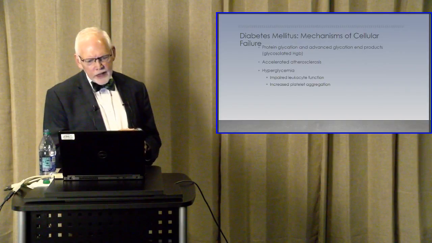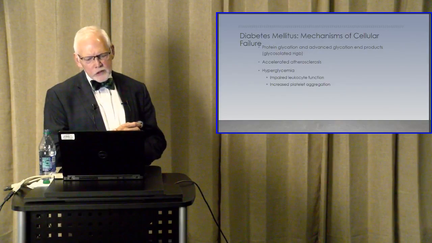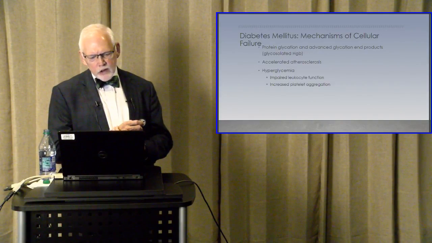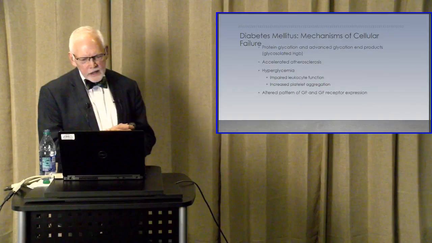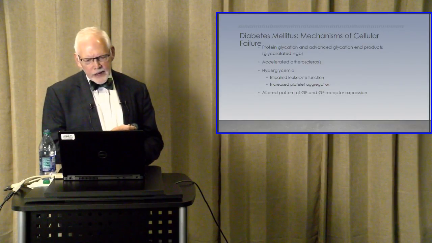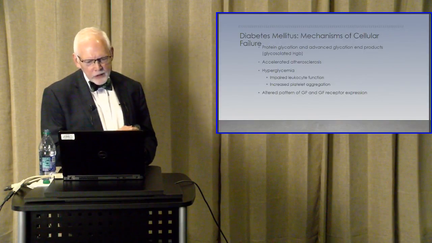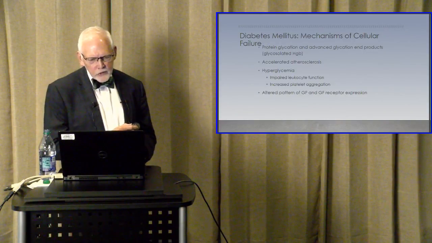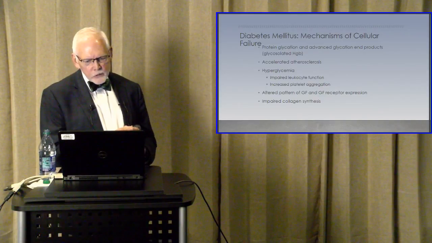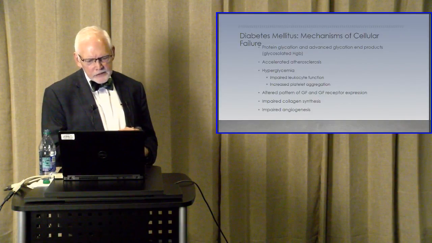There's accelerated atherosclerosis. When you have blood sugars over about 200, leukocytes don't function well, they are lazy. There's poor platelet aggregation, and then again altered patterns of growth factor and growth factor receptor expression in diabetics.